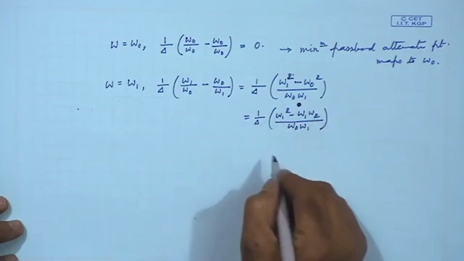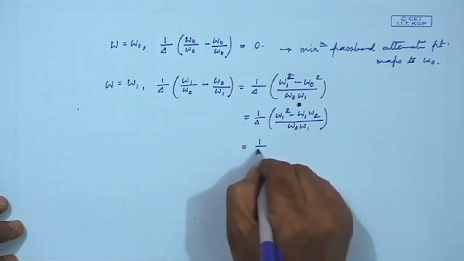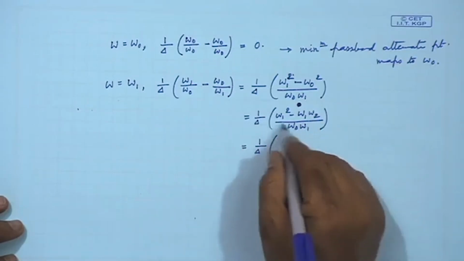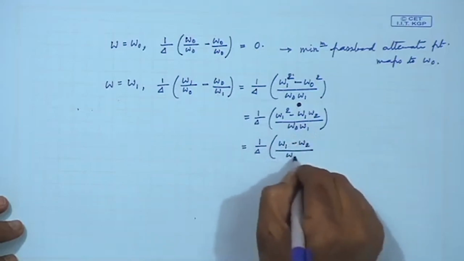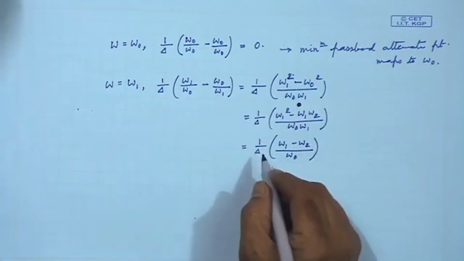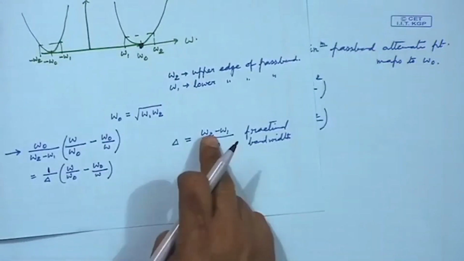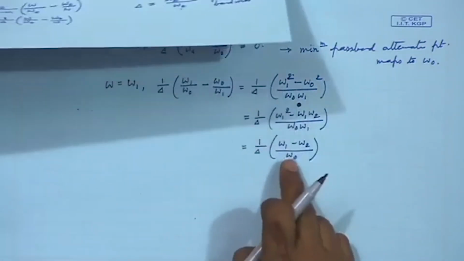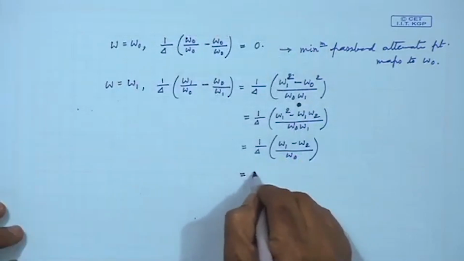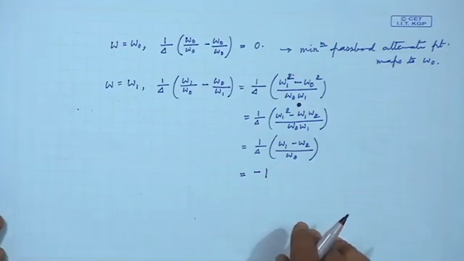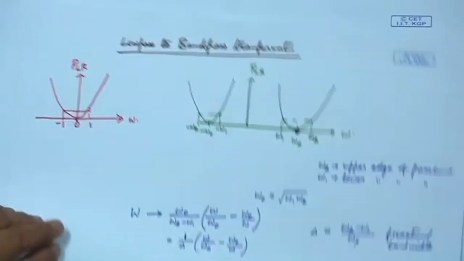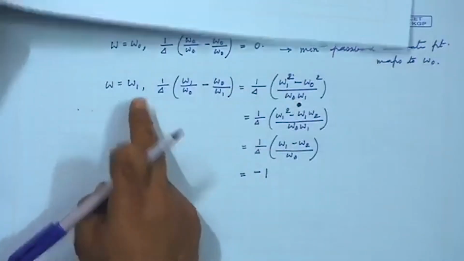Now, that you know is 1 by delta, omega 1 minus omega 2 by omega naught, and what is delta? Again delta is omega 2 minus omega 1 by omega naught. So, can I say that this will be minus 1? That means the left passband edge, I have put here omega is equal to omega 1.